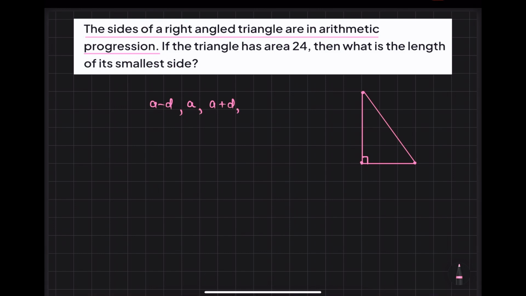If they talk about five terms, proceed more, add d, so a plus d becomes a plus 2d, and then to make it symmetric you write a minus 2d, and then proceed again, a plus 3d, and make it symmetric, a minus 3d. So you can go in both directions till infinity. Whenever you wish to write down an odd number of terms, you have to write this way.